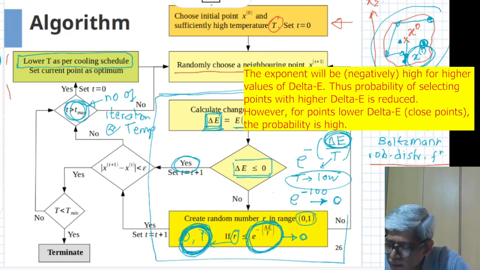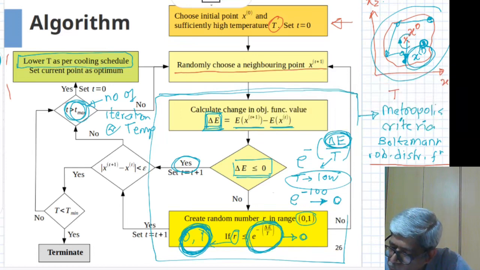So towards the end of the annealing cycle, you will have a narrower and narrower zone. Instead of searching the entire space, you will be searching a narrow space around the guess point or the seed point at that particular point of time.